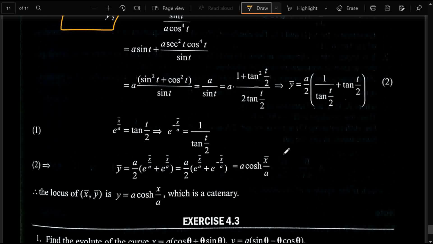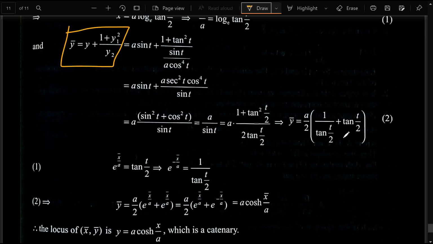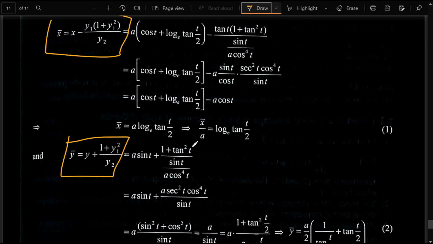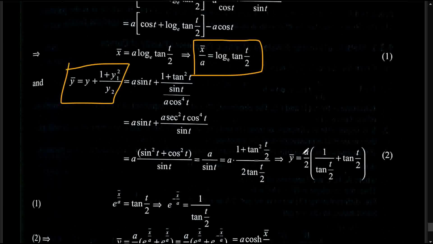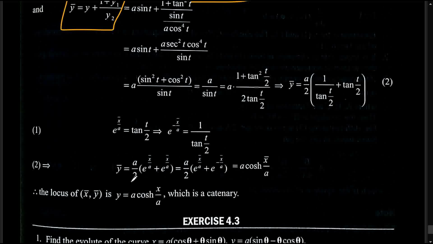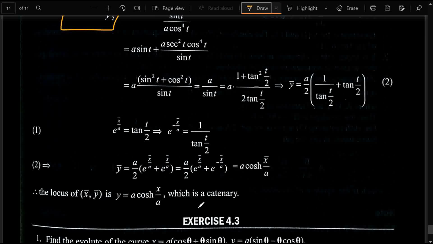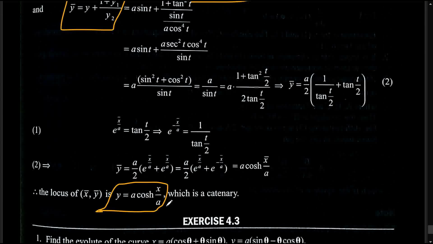So after this, what they did is they separated e to the power x by a on one side, because both terms contain e to the power x. Then they did a simplification to get the desired form, what we have to prove, y is equal to a cosh x by a.